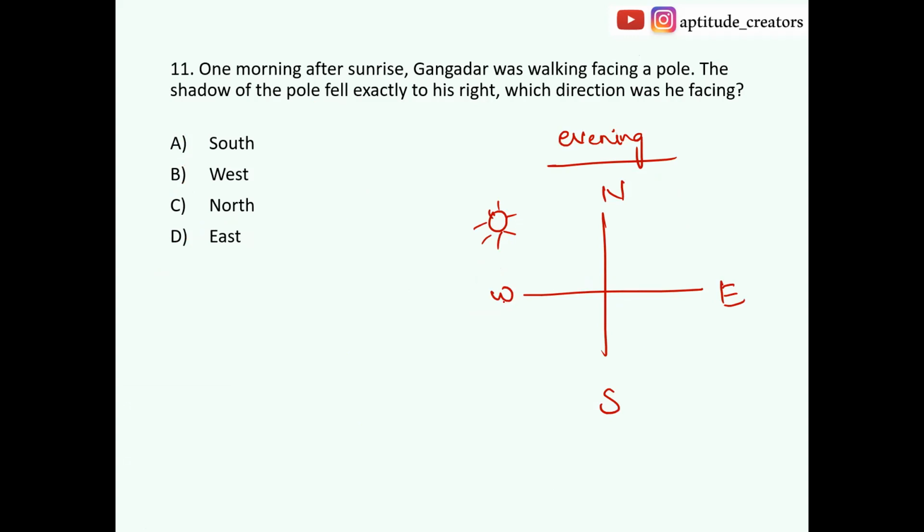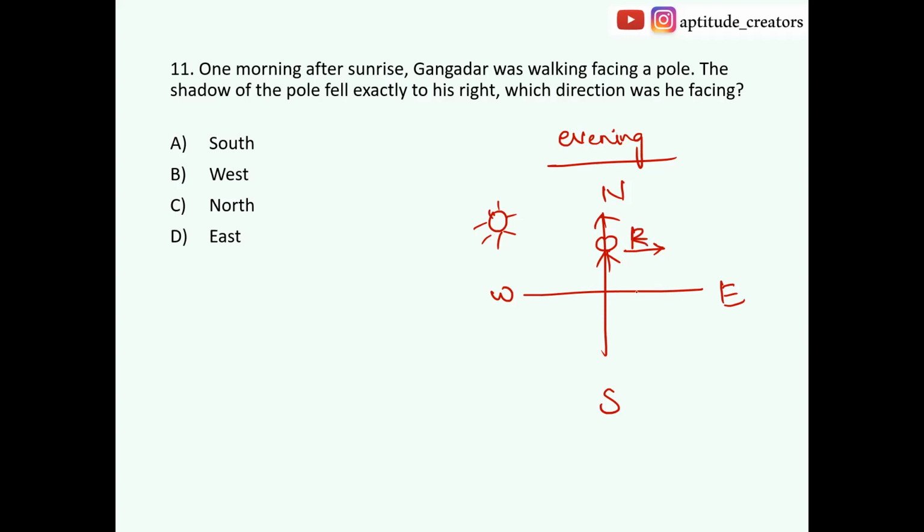If the person is facing towards the north direction, then the shadow will fall on his right side, the opposite of the morning case. If the person is facing towards the east direction, then the shadow will fall on the front side, the opposite.